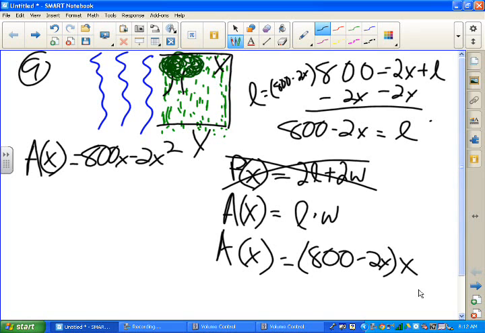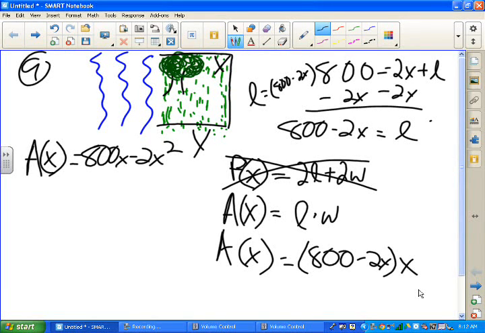So when I expand my equation or function of x for area, I get 800x minus 2x squared. Now to find the maximum value, what I need to do is take the derivative of this function, set it equal to 0, and then that will give me the maximum value.